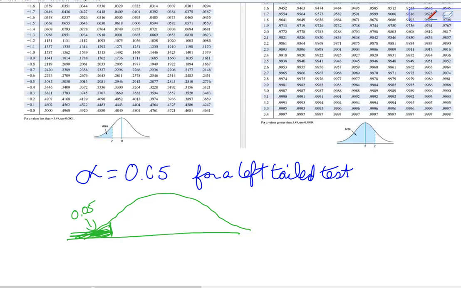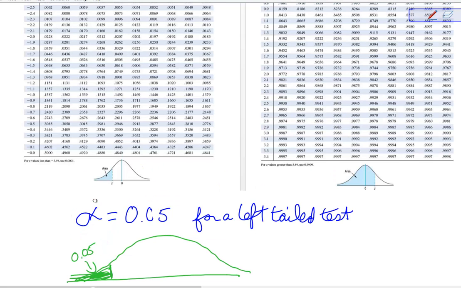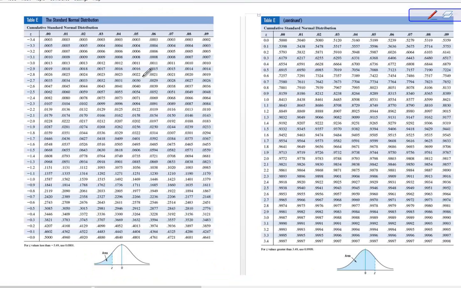So since it's for a left-tailed test, I look it up in the center of my chart here and I find 0.05. Well, notice here's 0.03, here's 0.05. Oh, here I am, and it's right in between these two numbers. So let me circle. We're right here in between these two numbers. Remember I said we always take the one to the left if it's exactly between.